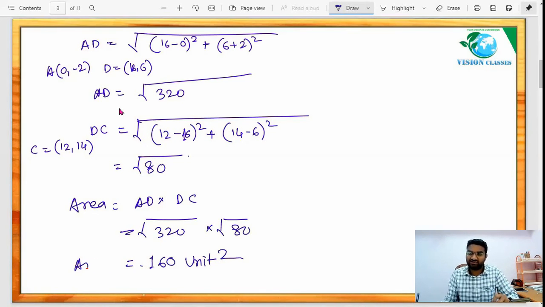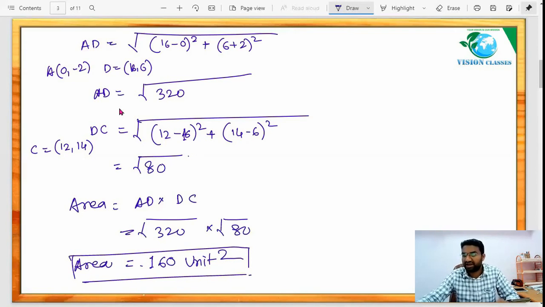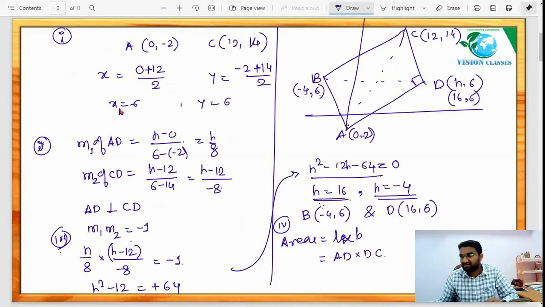So this is how we have to solve, and your marks are distributed across your steps. If you have written all the steps correctly and your answers are accurate, you will get the marks.